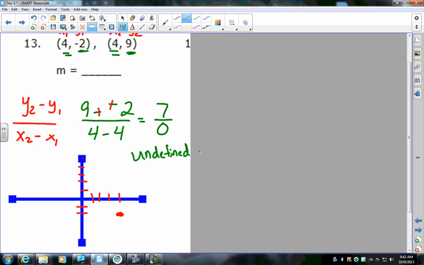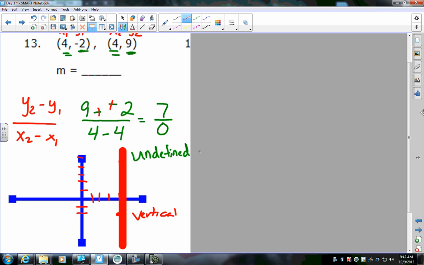So I would go over 4 and up 9. When I go to draw this line, what type of line is this? This is a vertical line. Vertical lines have an undefined slope. You have to know that.